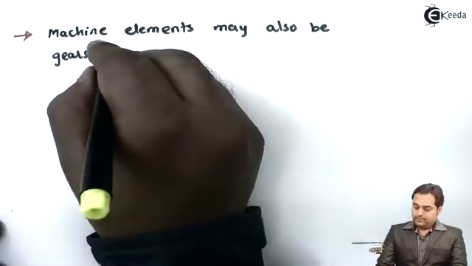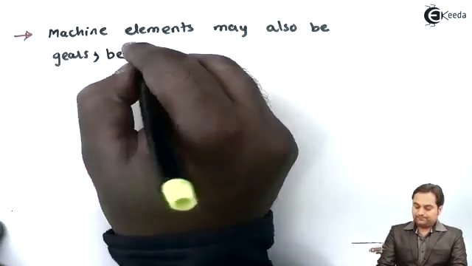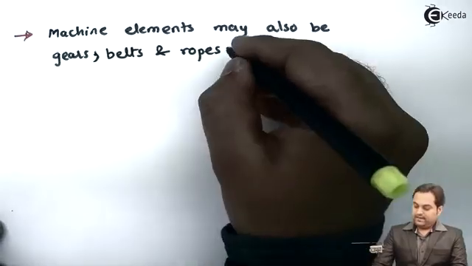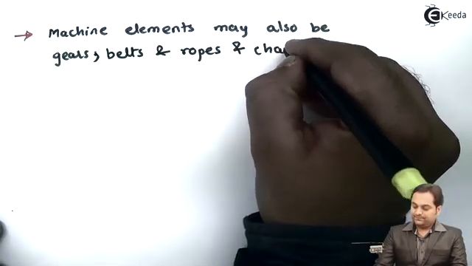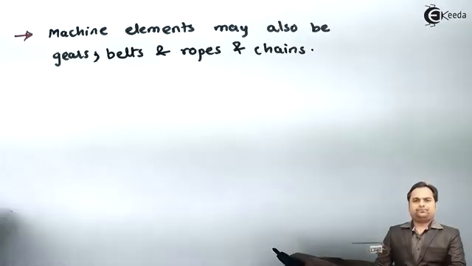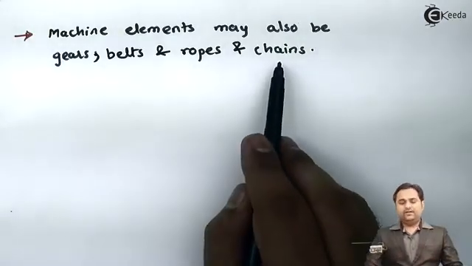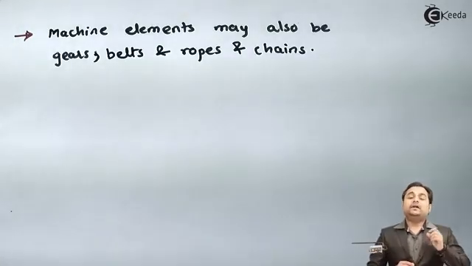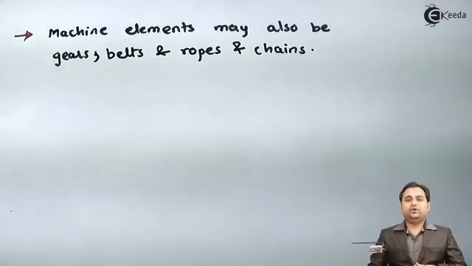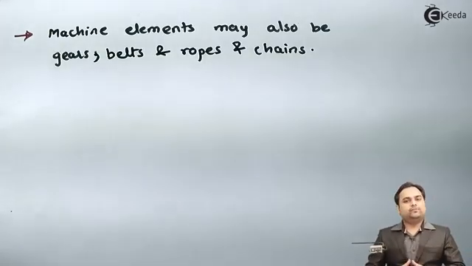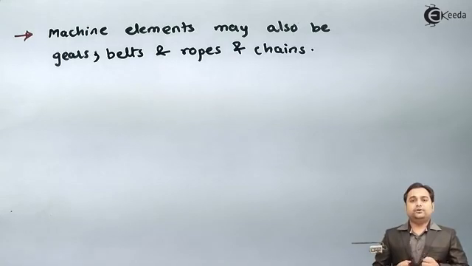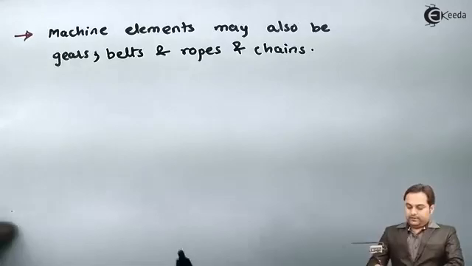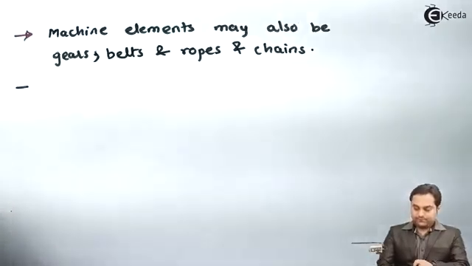Next, it also consists of belts and ropes, and we can say even chains. For example, if I consider the chain of a bicycle, that bicycle chain is also designed or constructed with the knowledge of machine design. So we can understand how important this subject is by its applications.